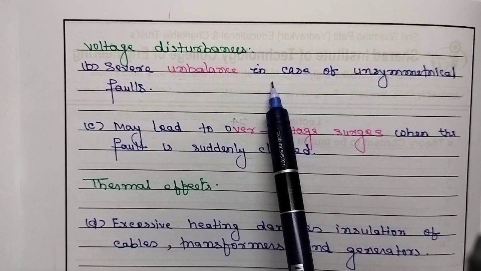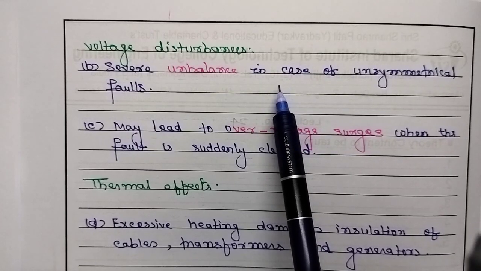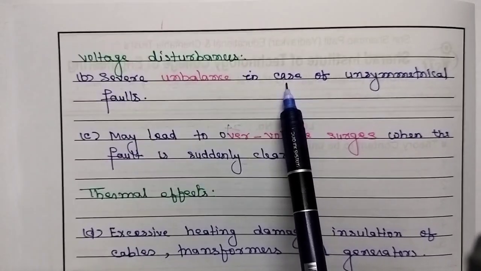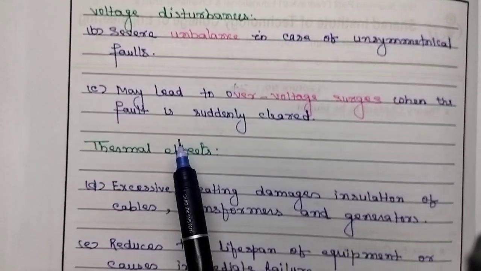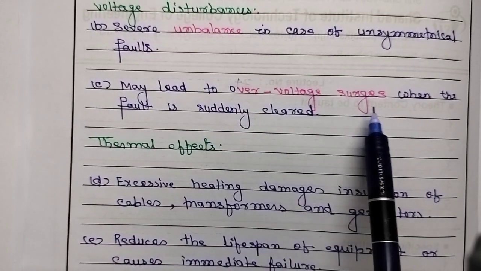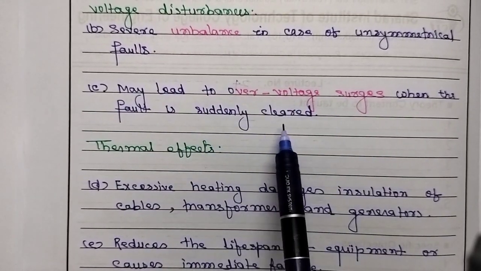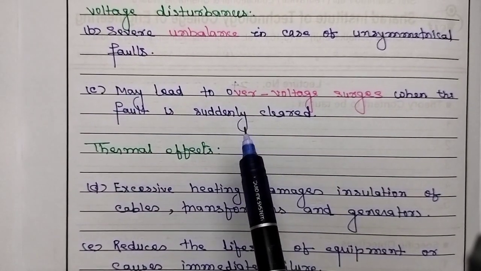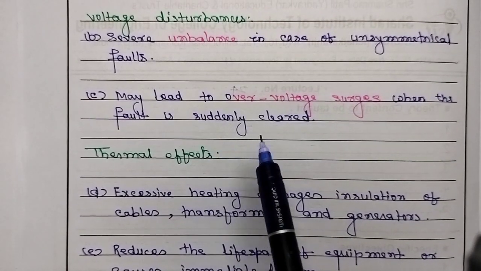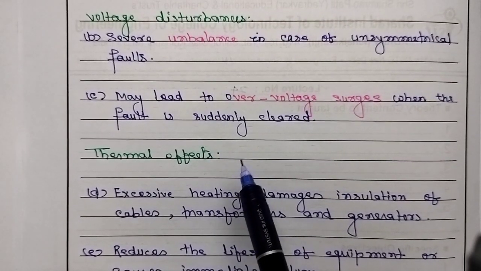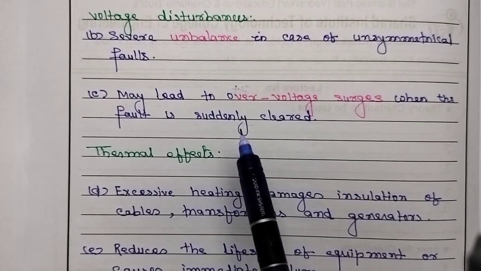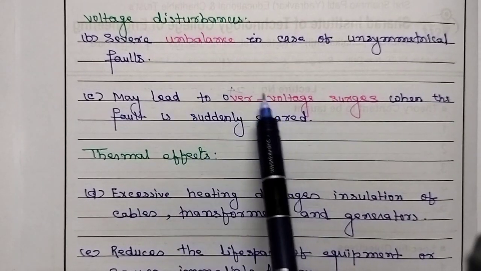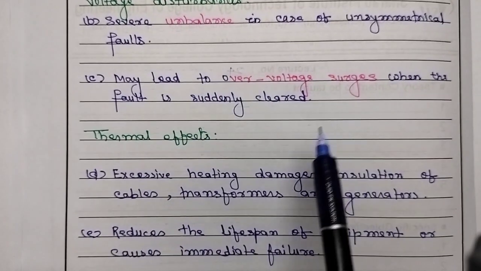We have two types of faults, symmetrical and unsymmetrical, as I already discussed. Next, it may lead to overvoltage surges when the fault is suddenly cleared. Whenever voltage disturbances have occurred and we try to clear the fault suddenly, it will lead to overvoltage surges.